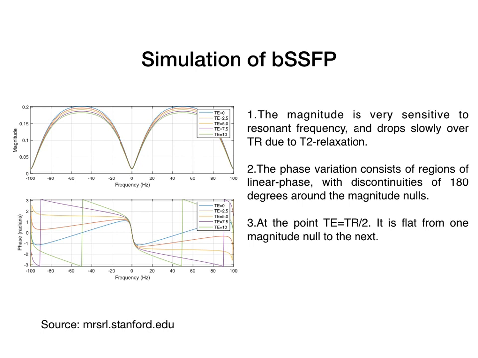Also, the phase variation consists of regions of linear phase, with discontinuities of 180 degrees around the magnitude lines. And at the point where TE is equal to half of TR, it is flat from one magnitude line to the next. This means we essentially have a spin echo as long as the frequency variation is small.